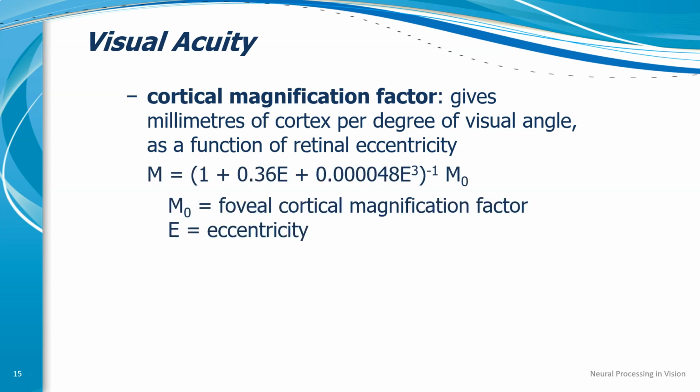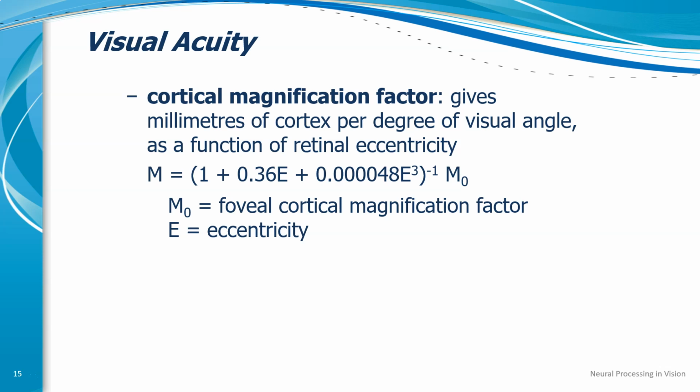This has been understood to the extent that we can actually capture the cortical magnification factor in a formula. So if you're mathematically inclined, you can kind of work this out and understand this a bit. If you're not mathematically inclined, don't worry about it. E is eccentricity, so where we're kind of considering on the retina. M sub 0 is a constant called the foveal cortical magnification factor.